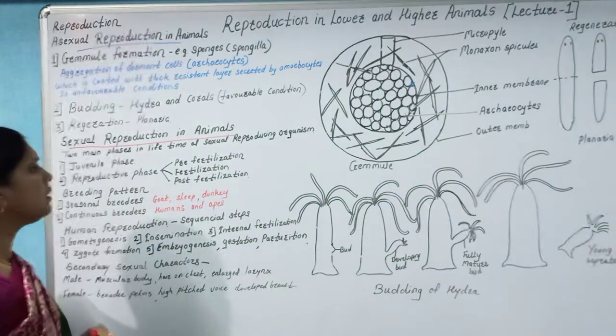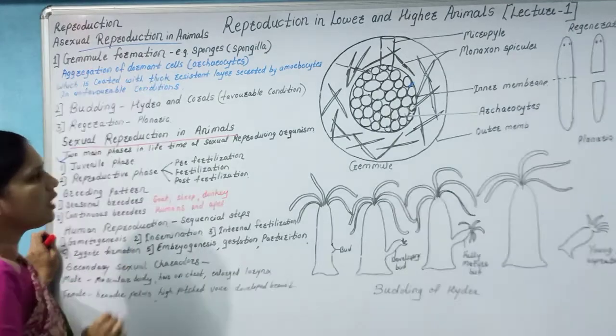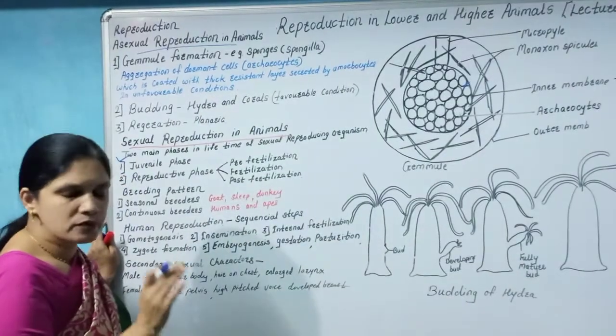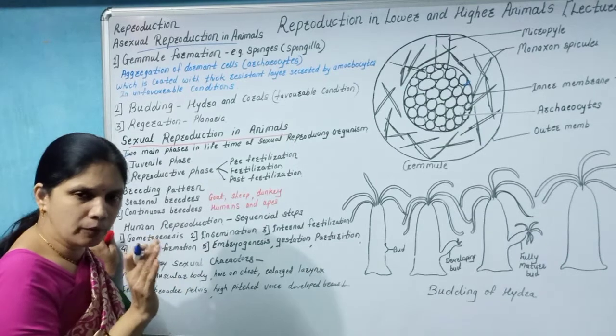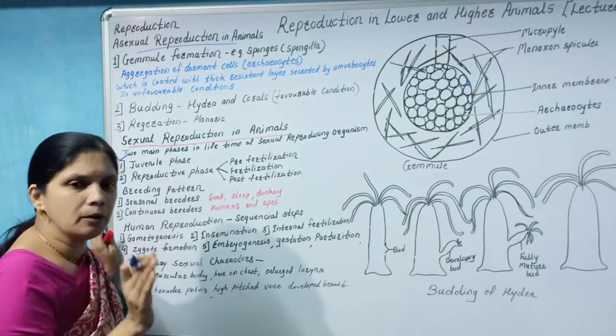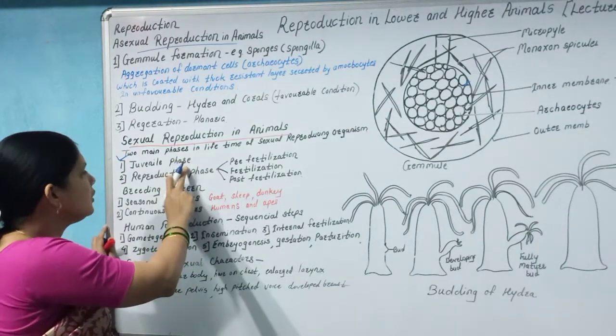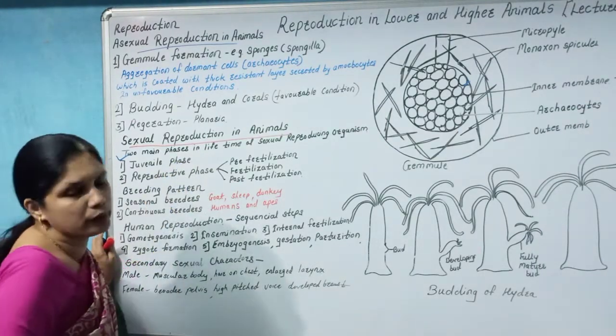Means sexual reproducing organisms show two main phases in their lifetime, and these are nothing but the juvenile phase and the reproductive phase.